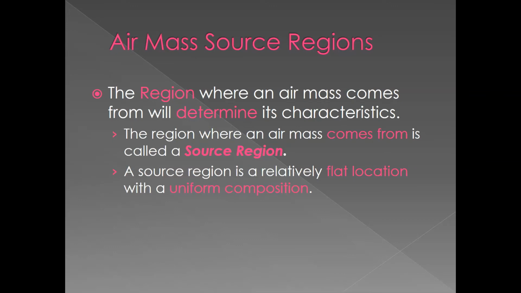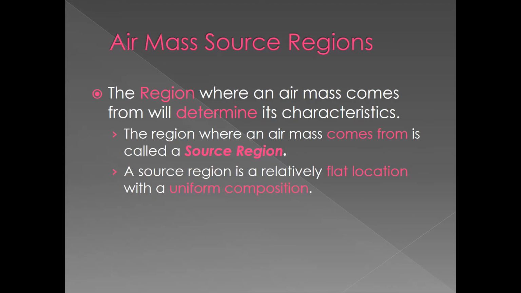Another good source region could be a wide desert area. So an area that could be hundreds or even thousands of kilometers in width, very flat. Plains, such as the Great Plains, could potentially be a good source region, though I'll talk a little bit about why the Great Plains, maybe not so much. But those are just a few examples of source regions.